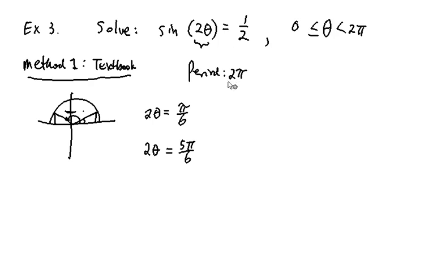Why? Because it's 2 pi over b. My omega here, b, is 2. That's omega. So the period ends up being 2 pi over 2, which is just pi.